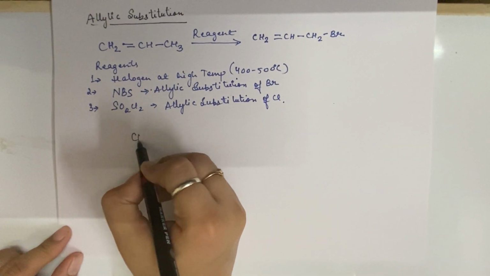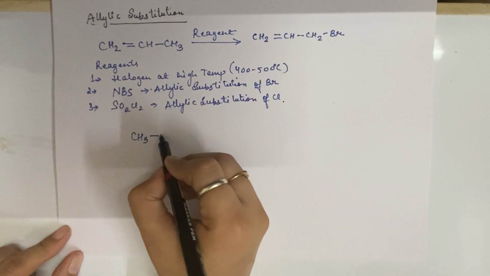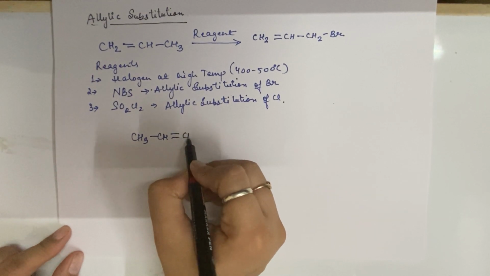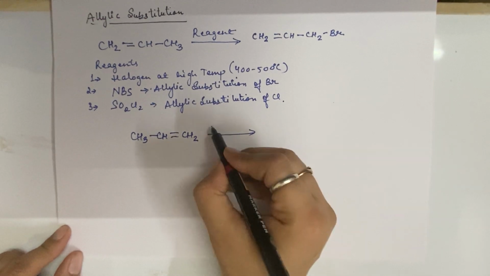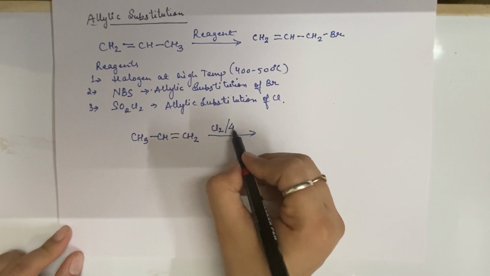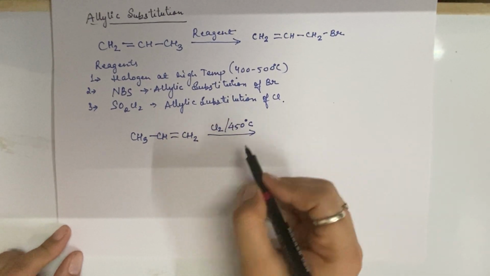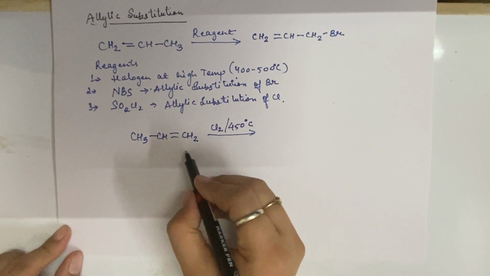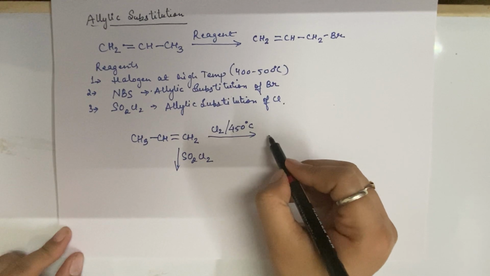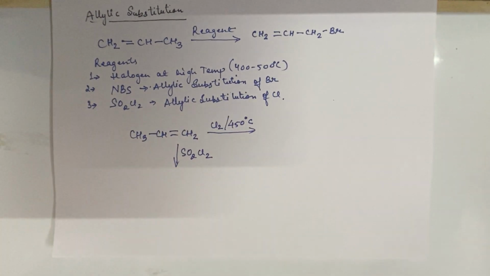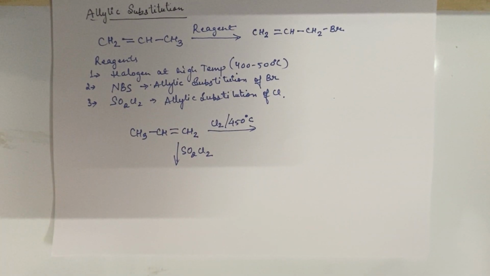You have CH3, single bond CH, double bond CH2. You will take Cl2 at 450 degrees Celsius. Then you will take SO2Cl2 and you have to find the products.